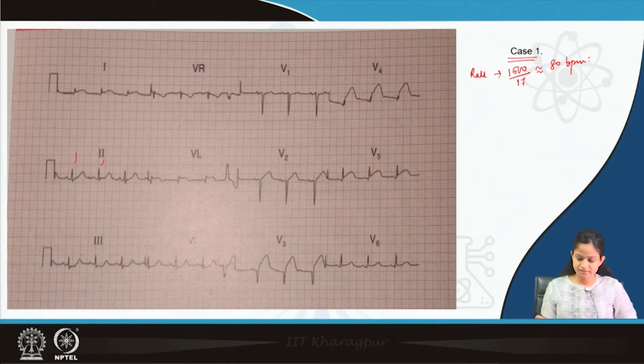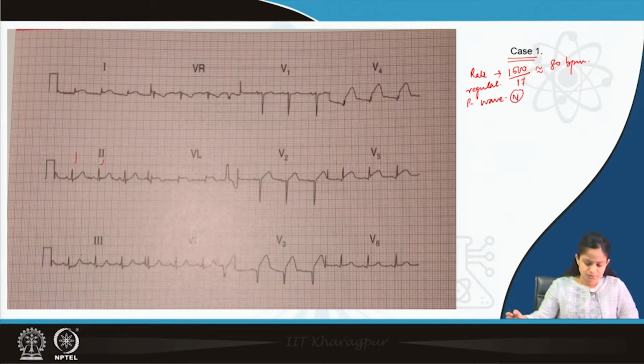And then the rhythm is regular. How are we getting the PQRS complexes? The P waves are usually normal.